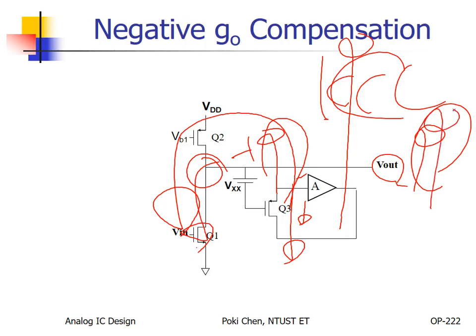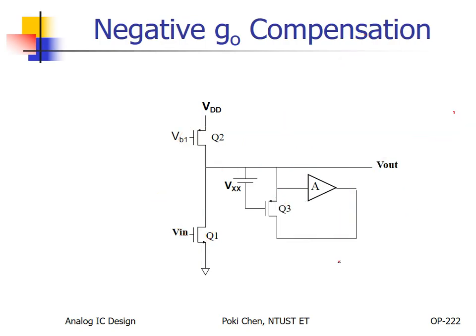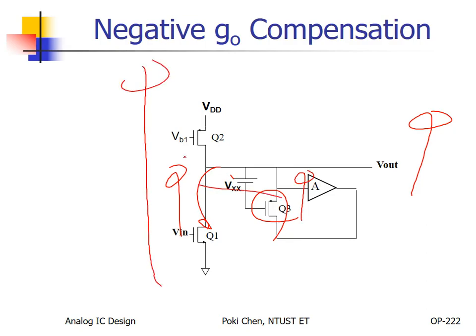If you increase it, the current here will be increased also, right? And the AC current will also be in this way to make the overall AC even more. So that is some kind of positive feedback.